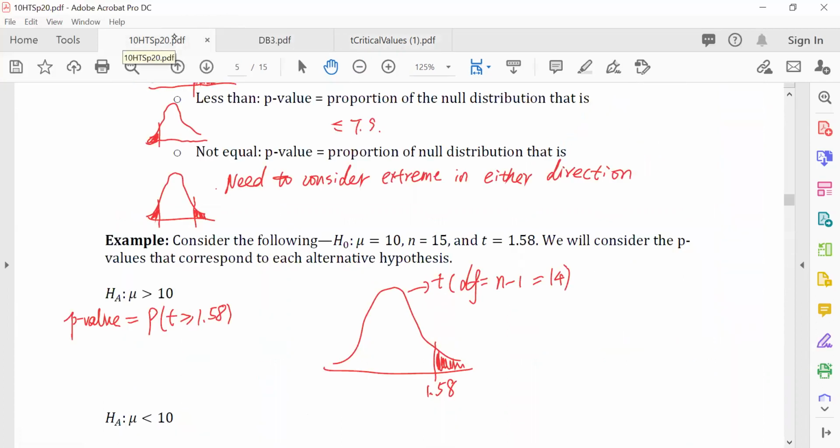So your p-value should be in between 0.10 and 0.05. If you want to know the exact value, you could go to use the StatCrunch. So let me switch to StatCrunch.